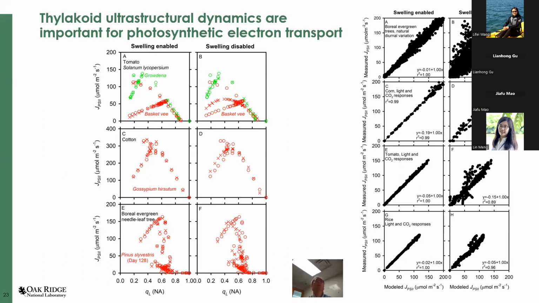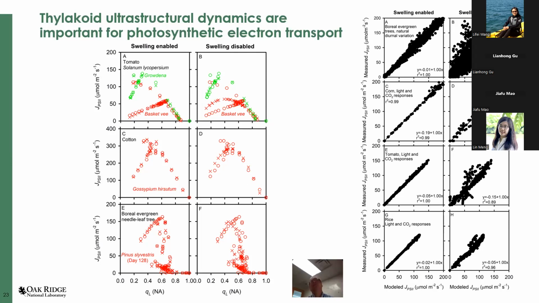This black-white figure compares the modeled and fitted linear electron transport rates for different species. Again, the left column shows the result for the model with thylakoid swelling enabled, while the right column shows the result with the thylakoid swelling and shrinking disabled. The model performance deteriorates when the thylakoid ultrastructural dynamics are not explicitly represented.